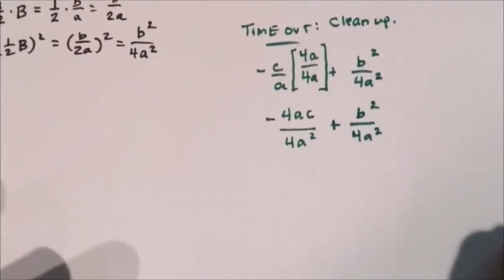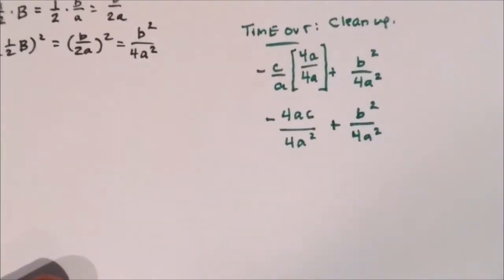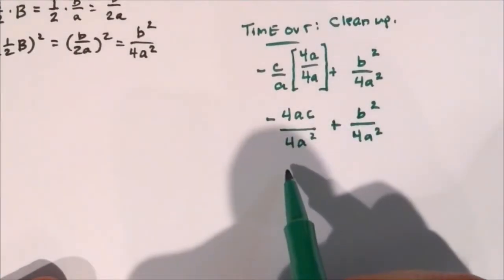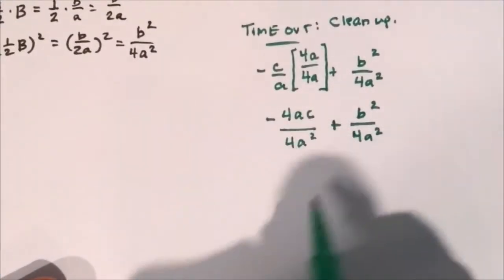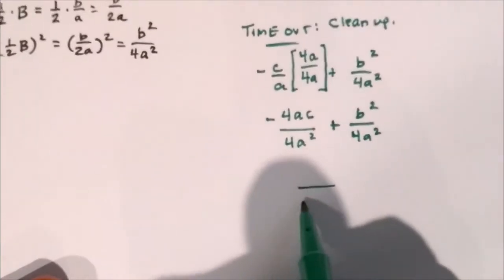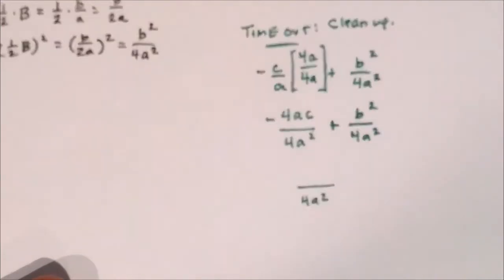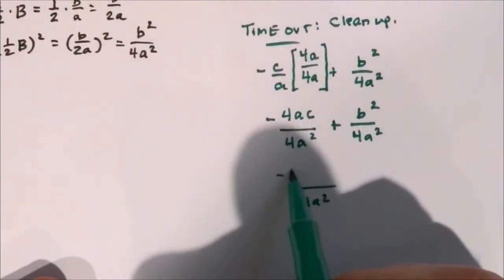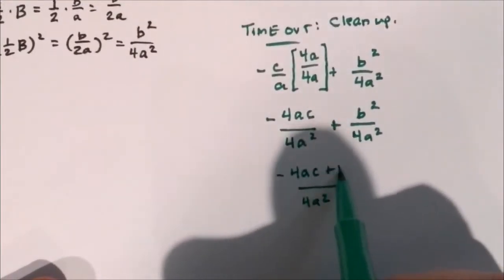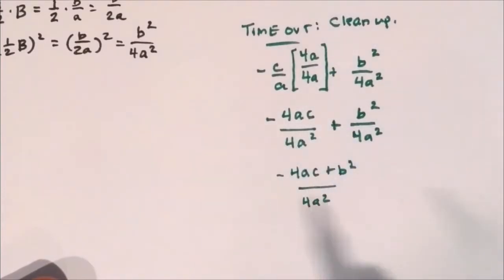Which means that I get a common denominator. So my denominator is 4a squared. And my numerator is minus 4ac plus b squared. I just don't like using all those symbols.